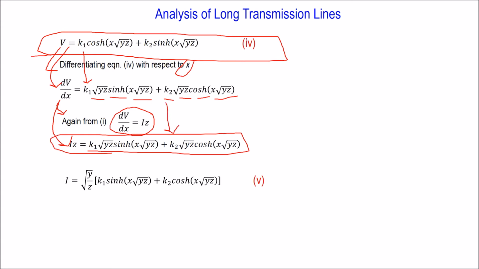Now we can get the value of I by dividing this portion by z, so we get I equal to √(y/z) times K1 sinh(x√(yz)) plus K2 cosh(x√(yz)). This is equation number 5, right?